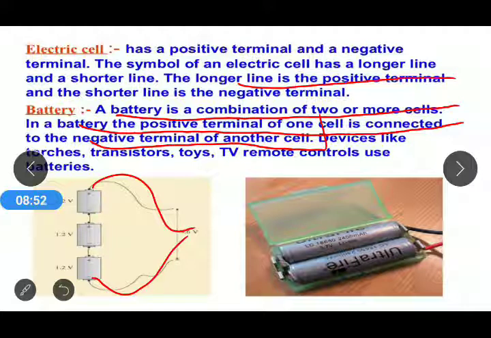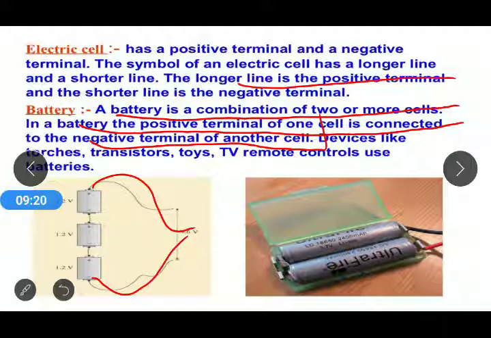Like in the second picture you have seen, sometimes we make the battery with the help of cells, placing the cells in such a way that it becomes compact and convenient for us. So we always prefer an upside-down combination of cells.